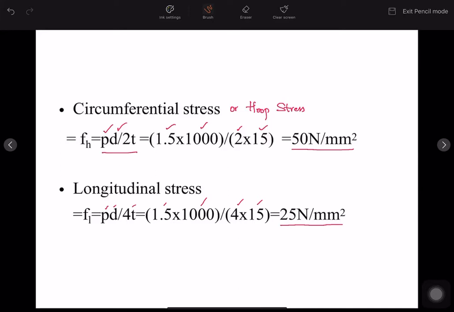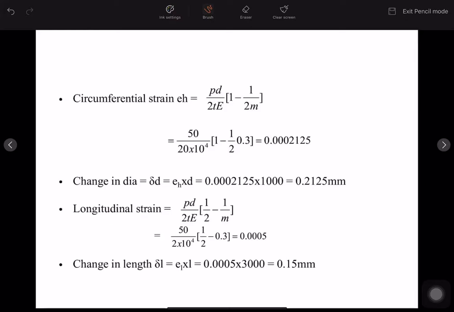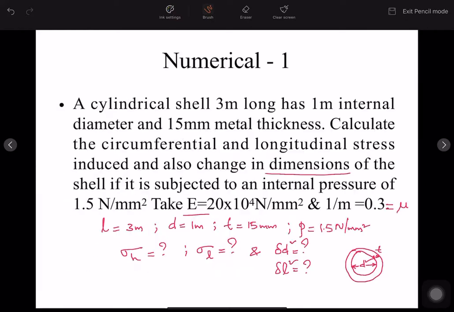Or in the short form, if we divide sigma h by 2 it gives us sigma L. So now we got these two values, and now we need to calculate the other two values.